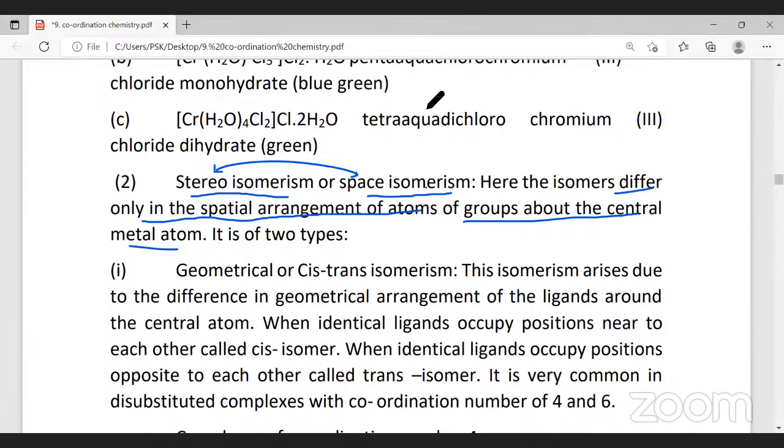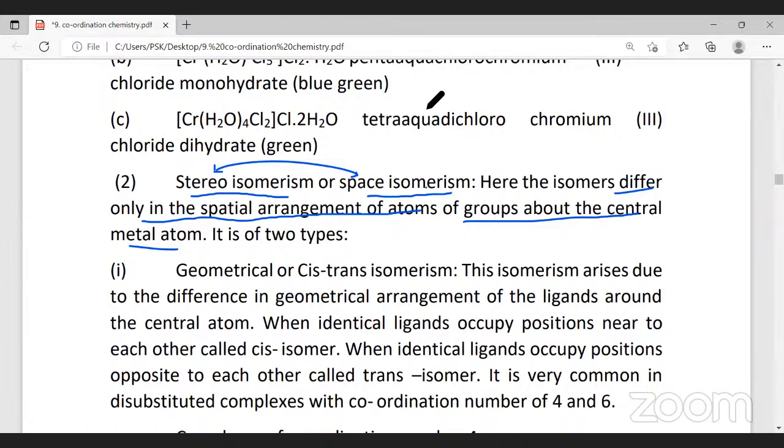Coordination compounds having same molecular formula, same structural formula, but they will differ only in the arrangement of atoms or group of atoms in space. Those are called what isomerism? Stereoisomerism. Did you follow the definition of stereoisomerism? Stereo stands for space. So compounds will have same structure, same molecular formula, but the only difference is the arrangement of atoms or group of atoms in space.